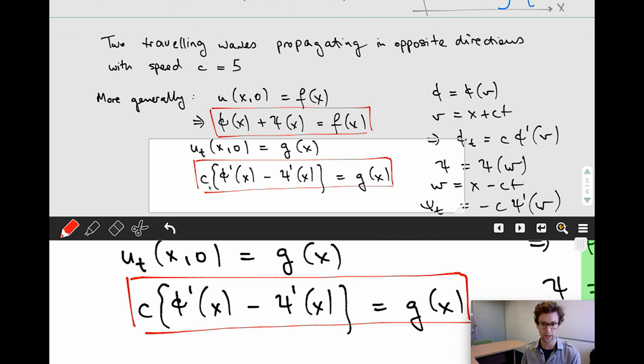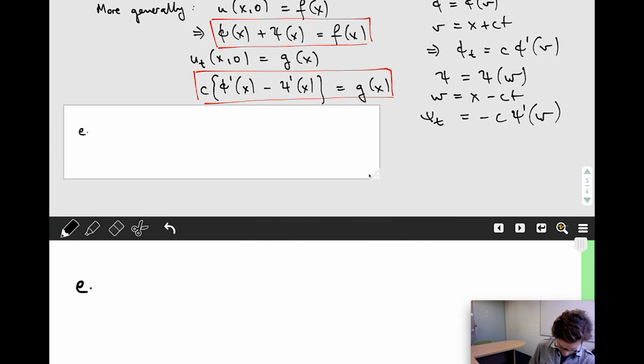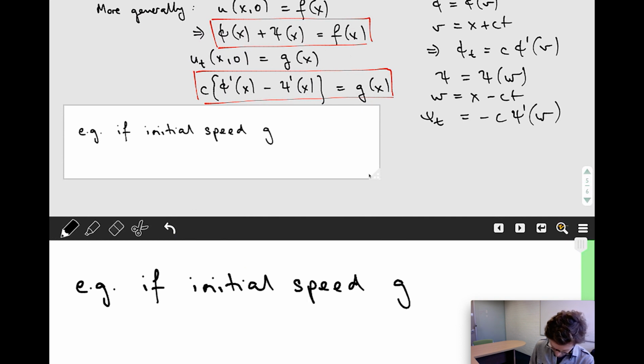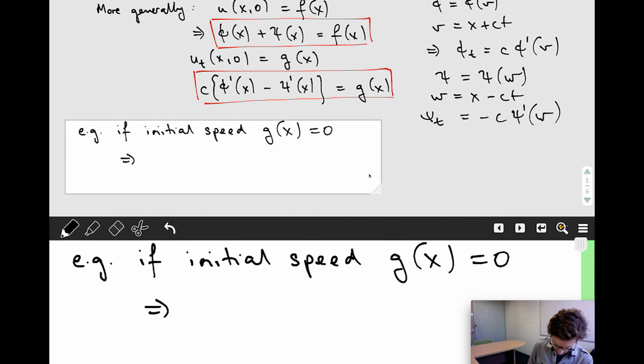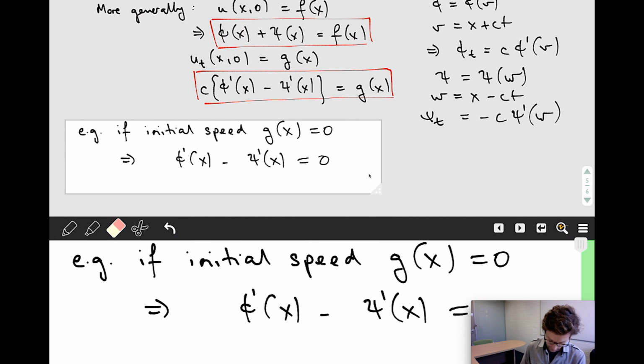So in a general case, we can actually solve for phi and psi here in terms of f of x and g of x. So for example, if g of x was equal to 0, if the initial speed was 0, then we would have c times phi prime of x minus c times psi prime of x is equal to 0. So I could actually cancel out those factors of c.